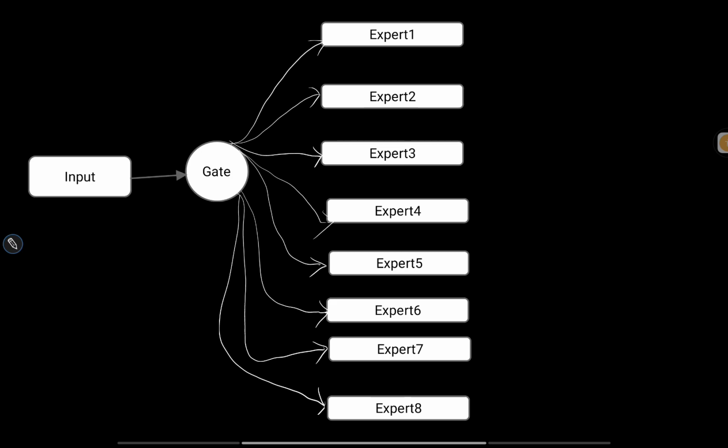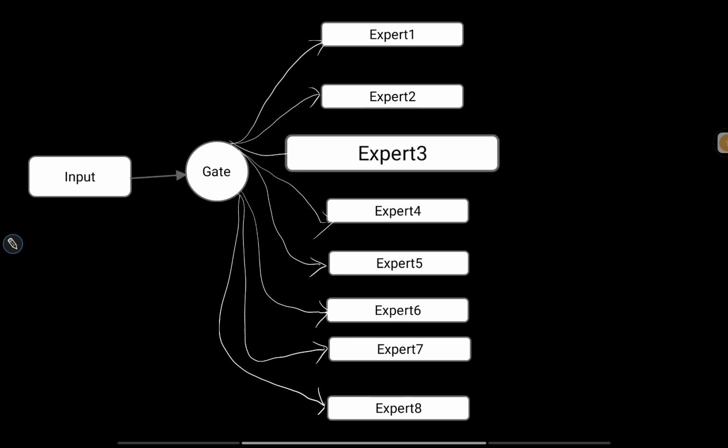So that is quite important. For each token, 2 experts are getting selected. So at first, based on the logit score, expert 3 is selected, and also expert 7 is selected. This is just for illustrative purposes. I am showing that 2 experts are selected out of the 8 experts that are present here, and each of these experts is nothing but a feed forward network that is part of the feed forward network in that whole Mistral architecture, right?